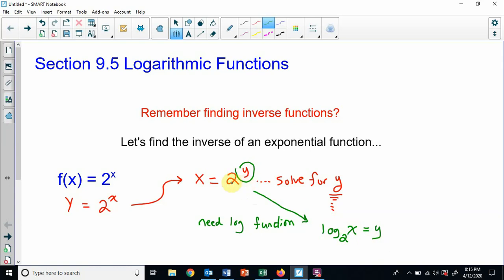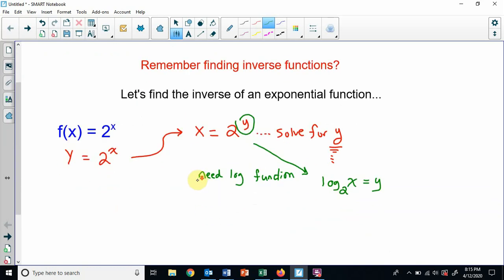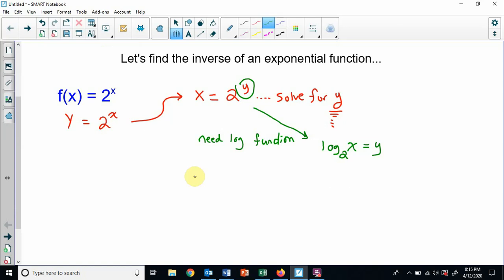That allows us to rewrite exponentials as logarithmic functions. So we're allowed to switch back and forth between these two, depending on which one of these we know and which one we don't.